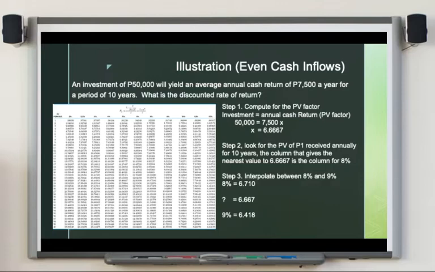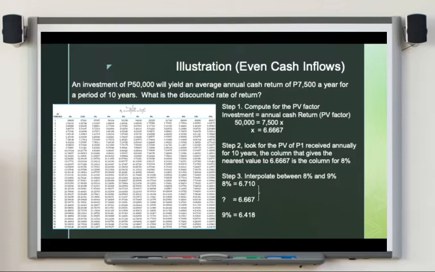Okay, so after locating the nearest column that is above our computed present value factor, and locating the nearest lower present value factor as compared to 6.667, that is 9%, we will now be using interpolation to compute for the exact percentage or the required rate of return.